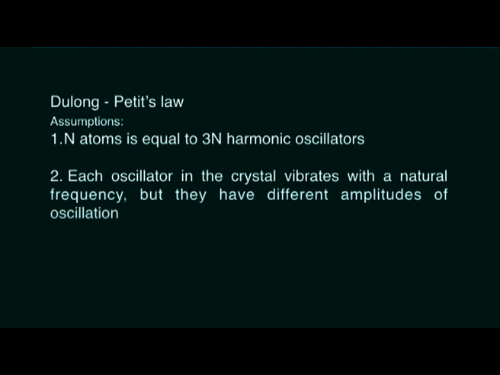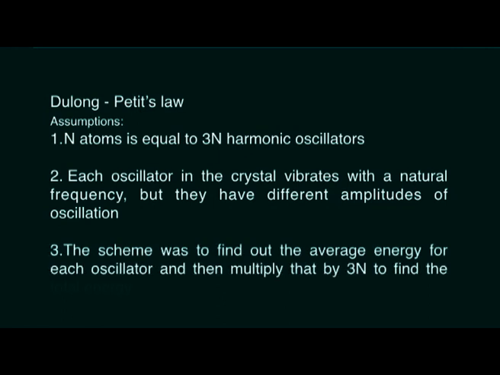Second, each oscillator in the crystal vibrates with a natural frequency, but with different amplitudes of oscillation. And the central scheme was to find the average energy of each oscillator and then multiply that by 3n to find the total energy, because that statement is very critical; you will see that difference when we go into other models trying to explain the specific heat.